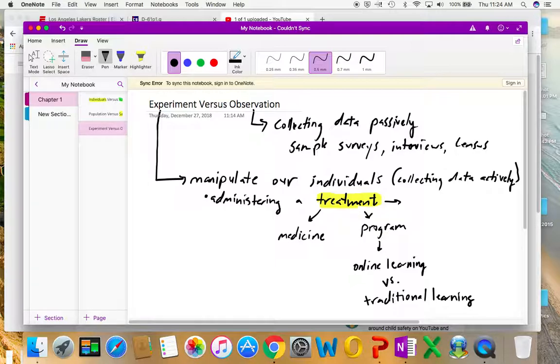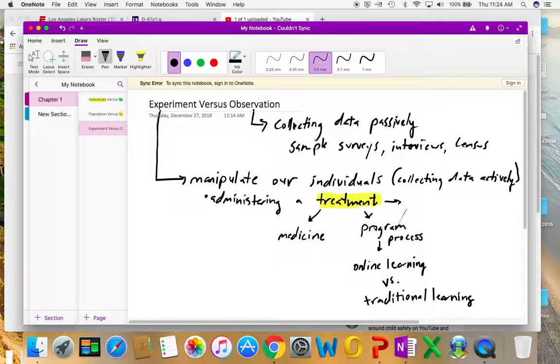In that sense, they are being manipulated, and they're being, again, used actively to collect data on which program is more effective. Okay, so that would be an example where your treatment is kind of a program, or maybe even a better word would be process. Okay, that could also be a treatment.